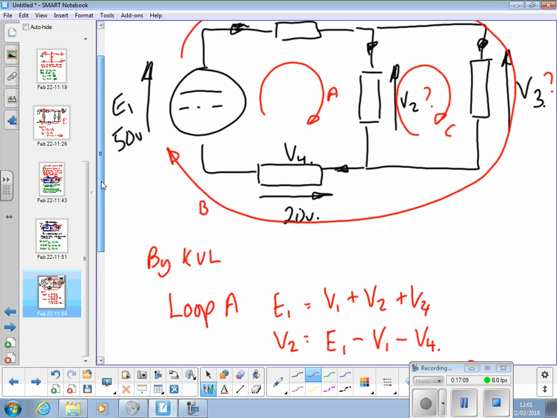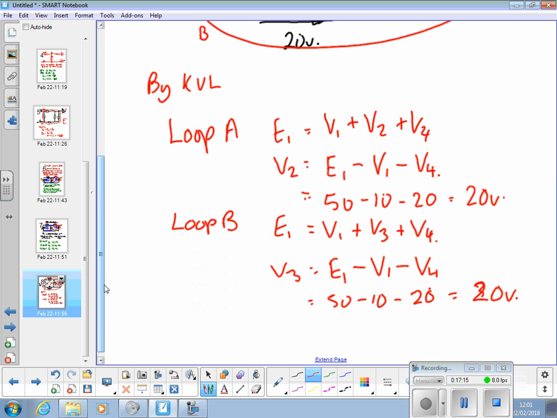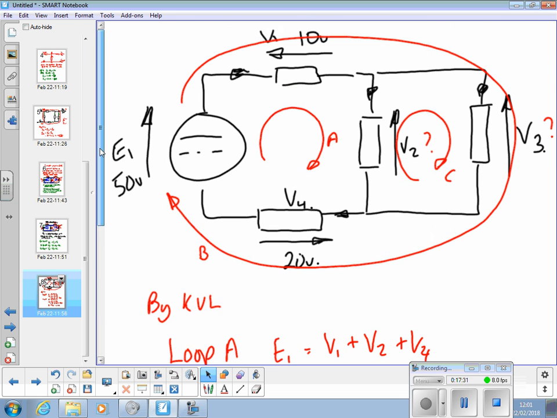Finally, we've got a loop here with two resistors, and by Kirchhoff's law, the clockwise arrow V2 is equal to the anti-clockwise arrow V3. Therefore, V2 equals V3. And the point there is, the extra loop is a check.